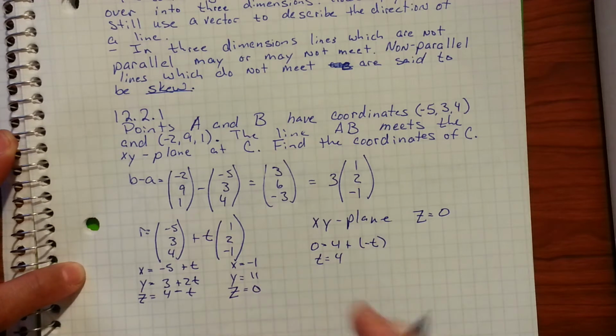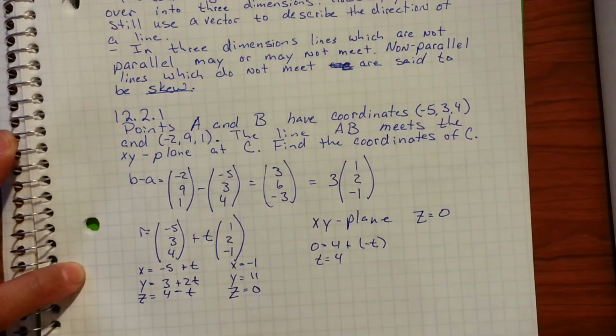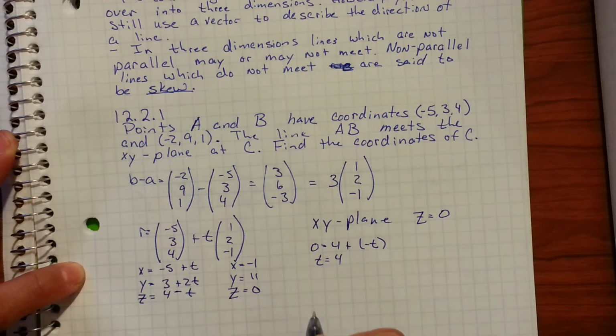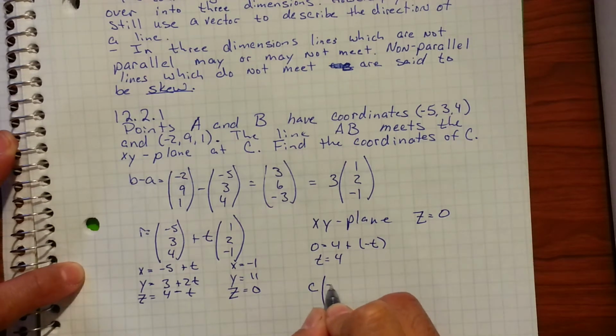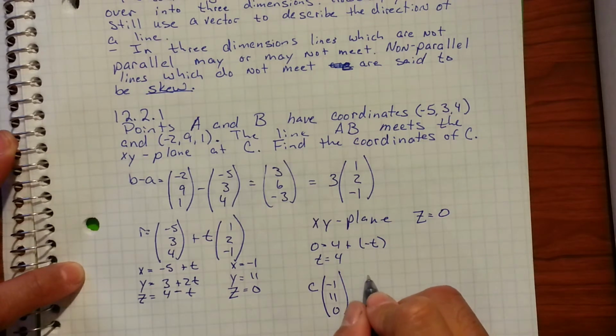So point C is going to be located at -1, 11, 0, and we can call this the position vector.